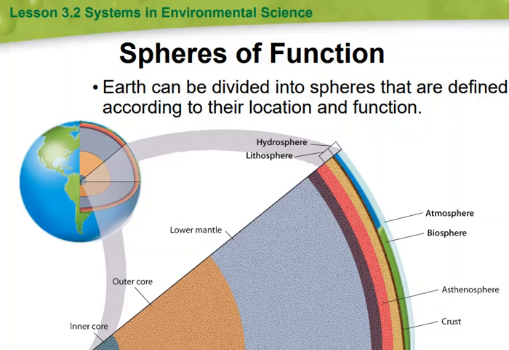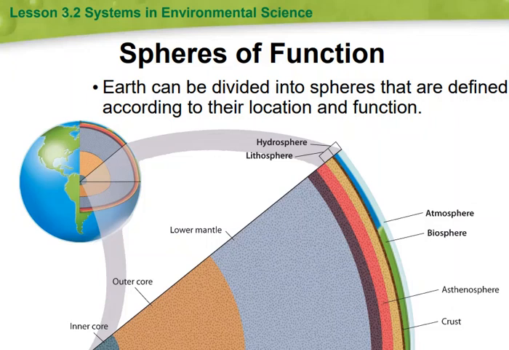Okay, so today I'm going to go over Earth spheres, and we'll try to talk about each one a little bit. So first of all, Earth's geosphere, lithosphere, biosphere, atmosphere, and hydrosphere are going to be defined according to their function in Earth's system.